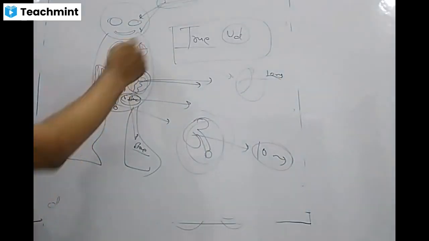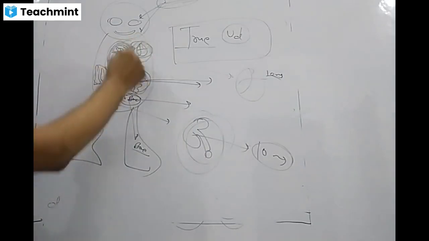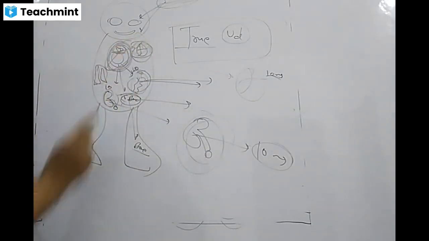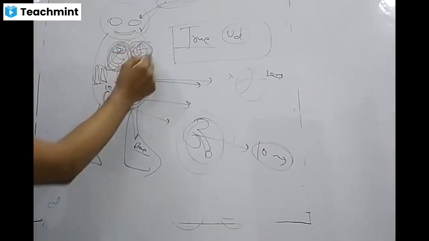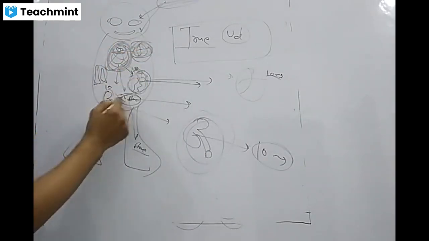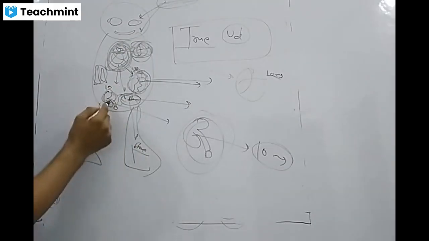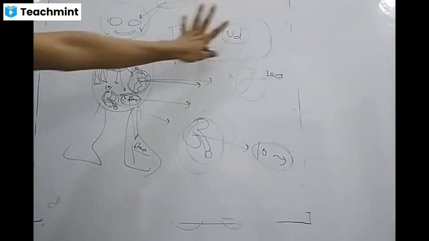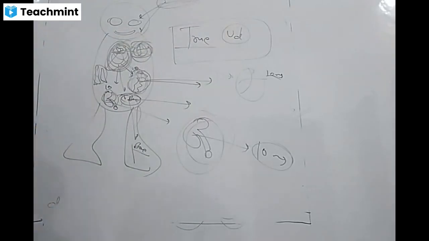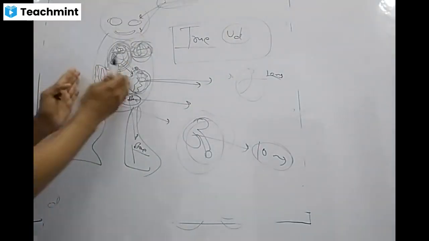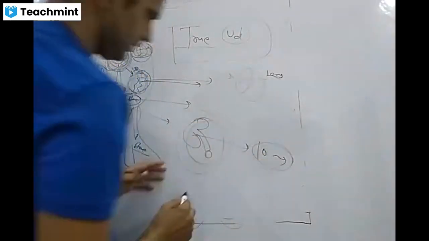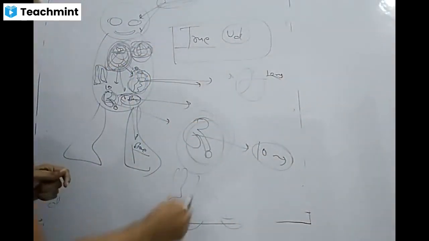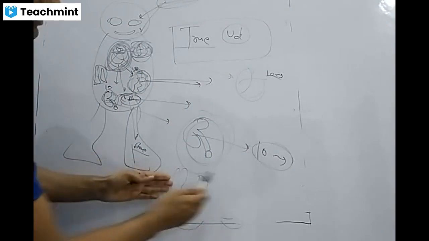Okay, so these are the organs where the drug is distributed. Suppose out of 50, 10 enter into heart, 10 into GIT, 10 into bone, 10 into this, and 5. True VD means if you want to calculate true VD, you have to remove all the organs separately and try to calculate individually.